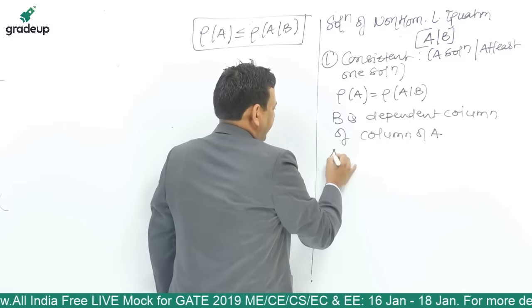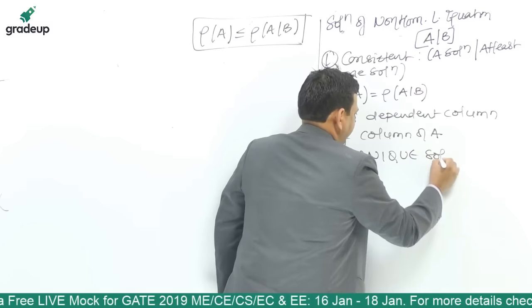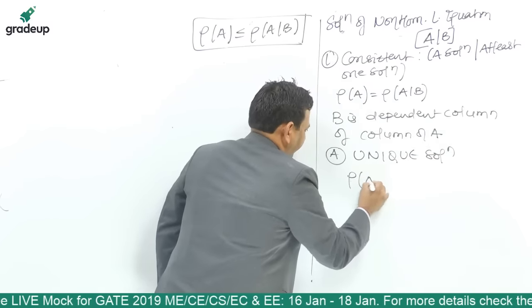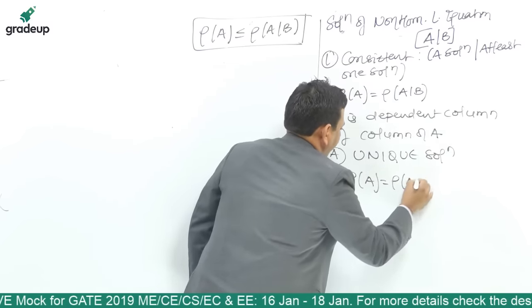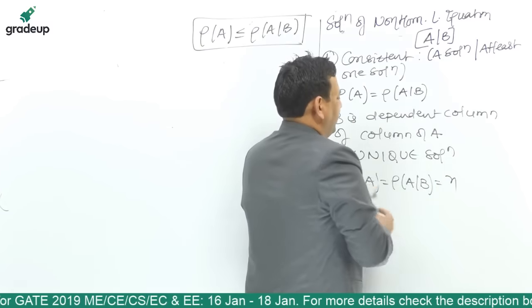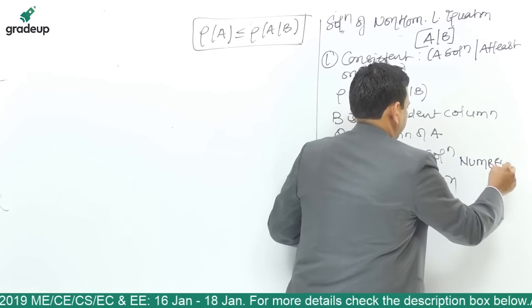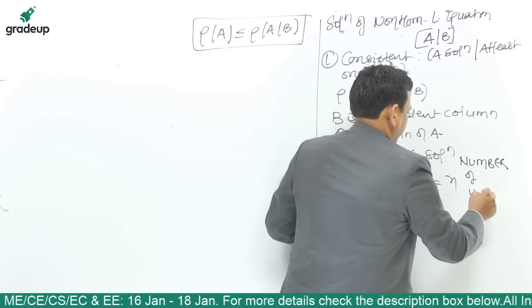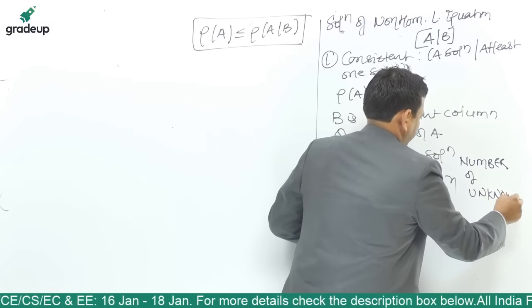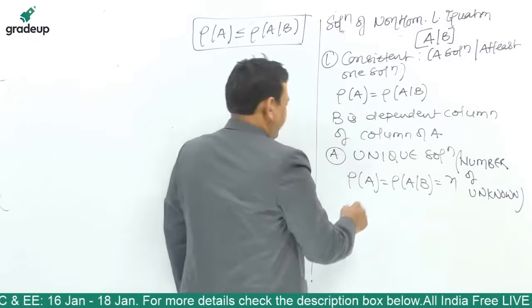Now somebody asks what is a unique solution? We will say if the rank of A is equal to the rank of AB is equal to n, where n is the number of variables or unknowns, then we will say unique solution.